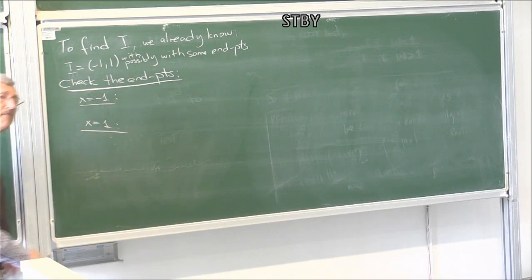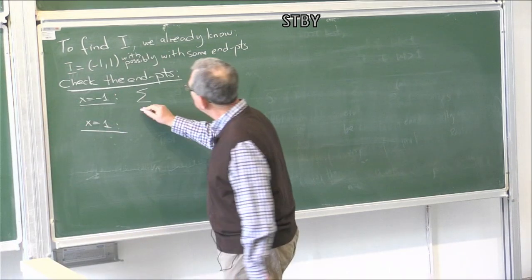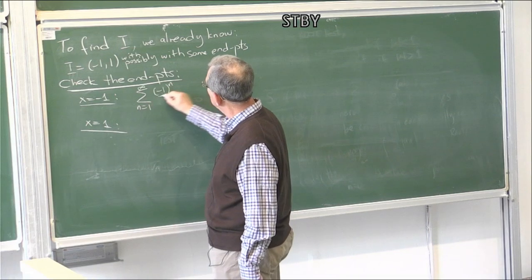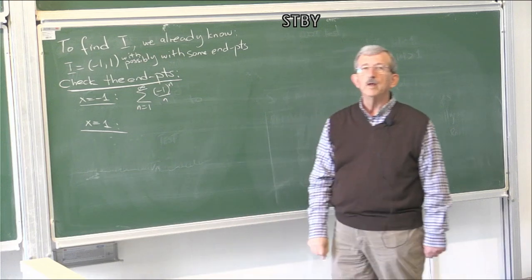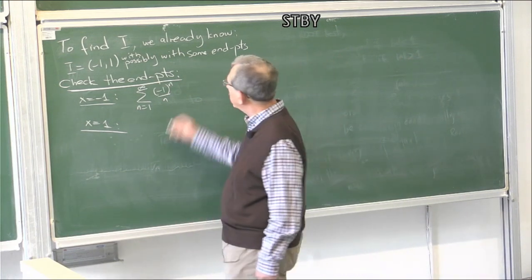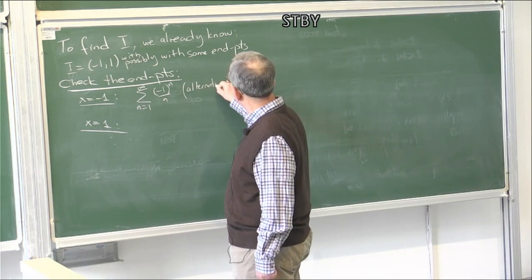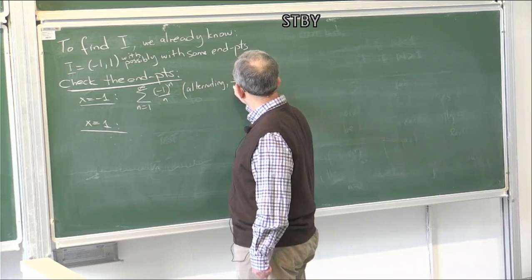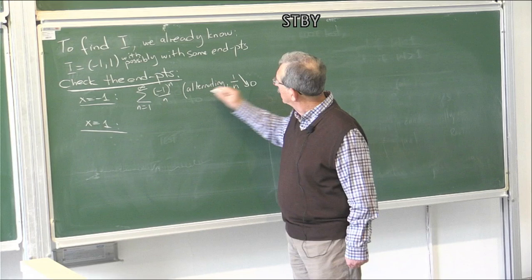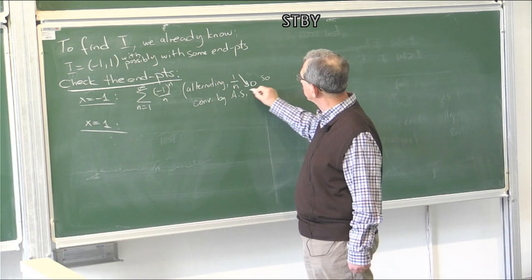In the first case, when x is minus 1, the series becomes the following. We know that this series is convergent. Namely, it's alternating, and 1 over n decreases to 0, so convergent by alternating series test.